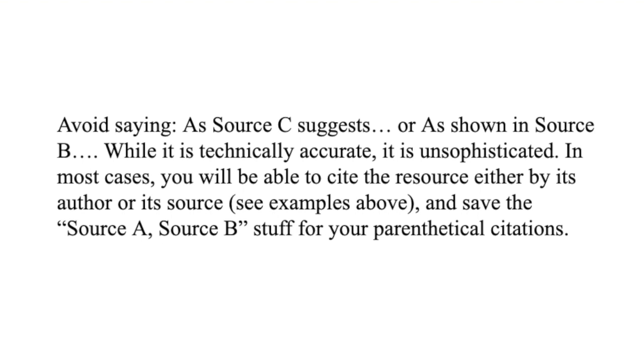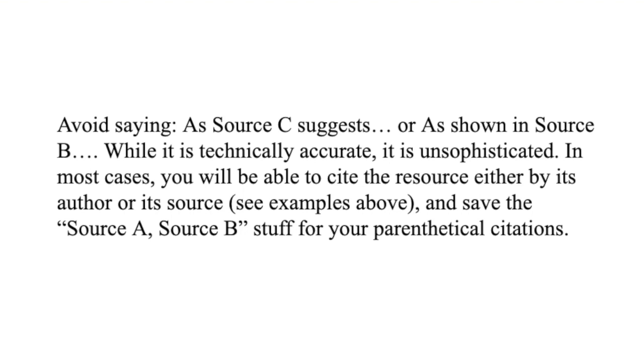Okay. Avoid saying things like "as source C suggests." Each of the sources will be labeled by the author's last name, and then also it will have source A, source B, source C, source D, whatever. When in the body of the paper, refer to the source by whoever's name is saying it.